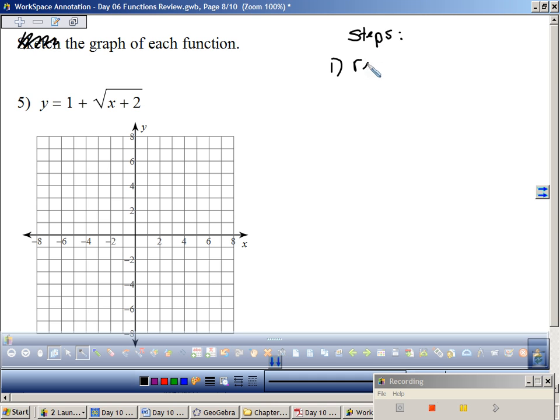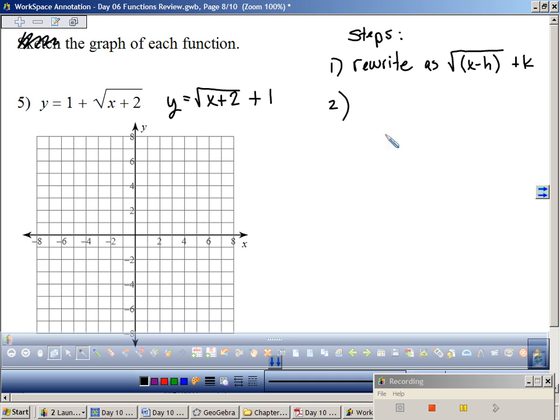The first thing I would do is rewrite it as x minus h plus k. So we need to do y equals the square root of x plus 2 plus 1. Okay, what do I do next?